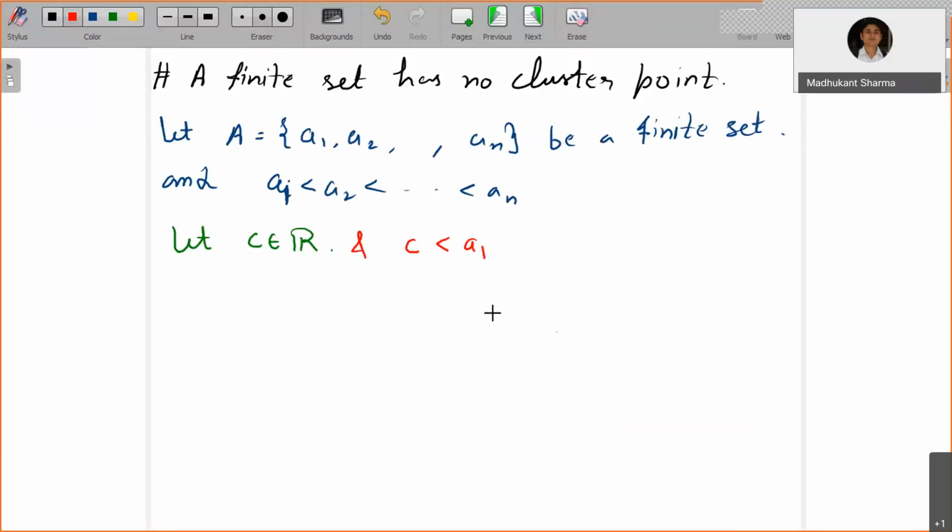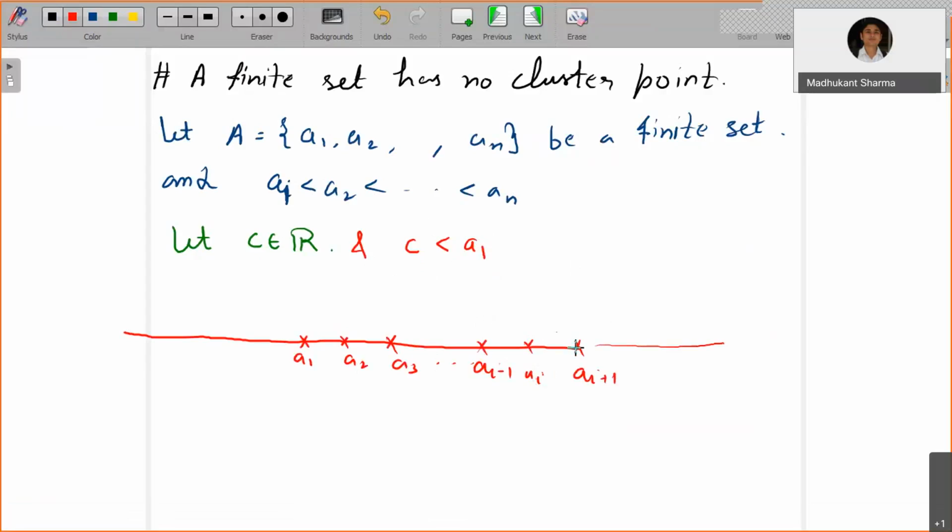If you look at the real line, let's say this is a1, a2, a3, and so on; this is a(i minus 1), some ai, this is a(i plus 1), and so on.